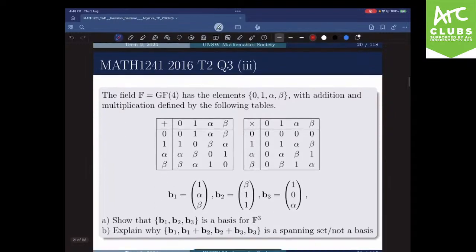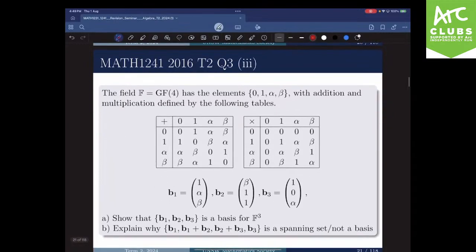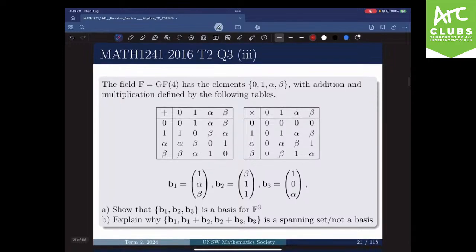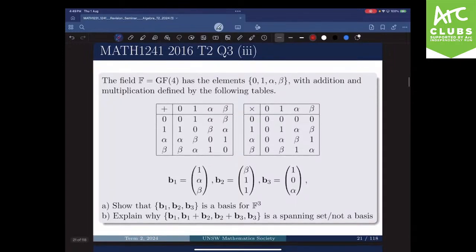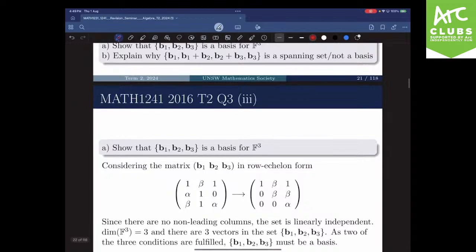It's kind of weird, but we consider this funky field F, which we call GF4, with the 4 elements 0, 1, alpha, and beta. And we have addition and multiplication defined as such here. So first we want to show that B1, B2, B3 is a basis for F3. So how do we do this?